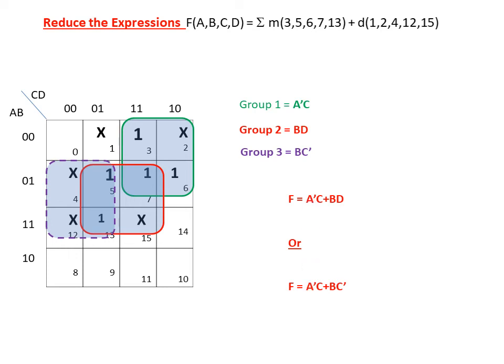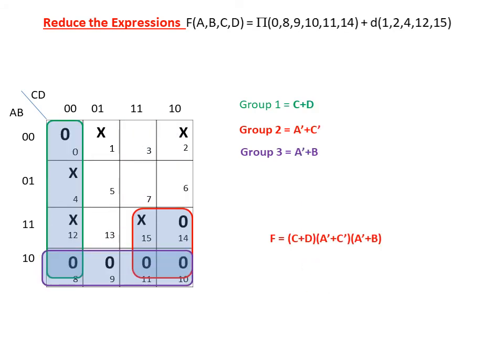Any one is accepted. Now for this POS expression grouping, we make it 4 cells with the help of these two don't cares, another 4-cell grouping, another 4-cell. Now the answer for this one is C plus D, and for here A bar plus B, and for this one A bar plus C bar.